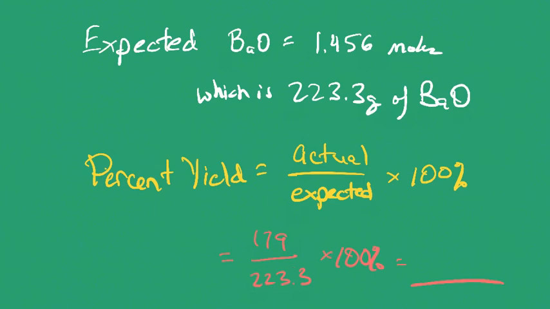Then you multiply that decimal number times 100 to convert it to a percent. So the actual divided by the theoretical, or expected, gives you a decimal, times 100, and that gives you a percent answer. All right, hopefully that one makes a little more sense.